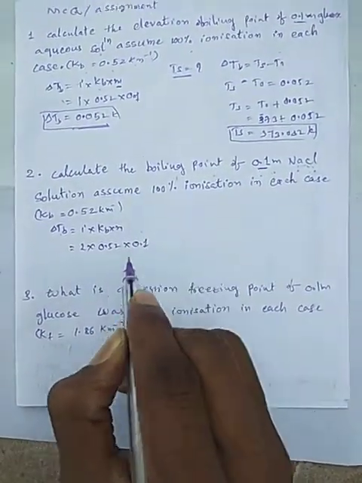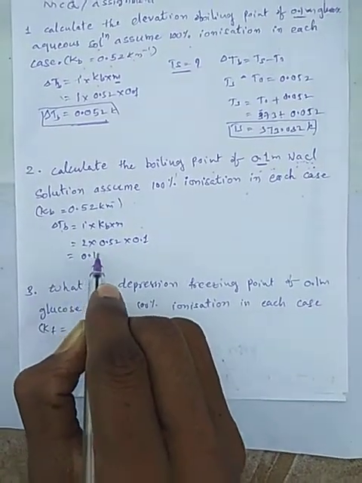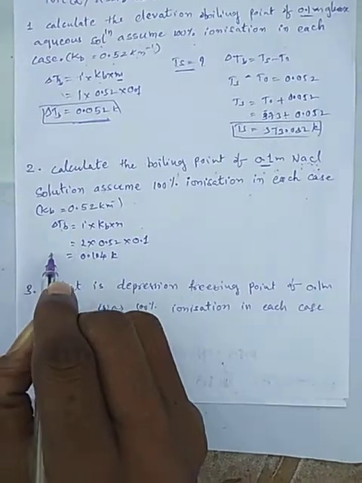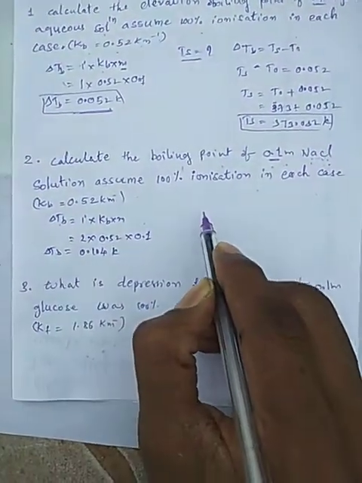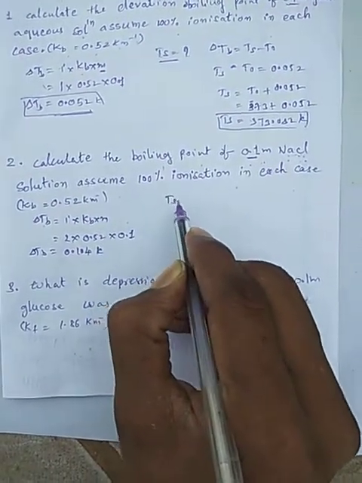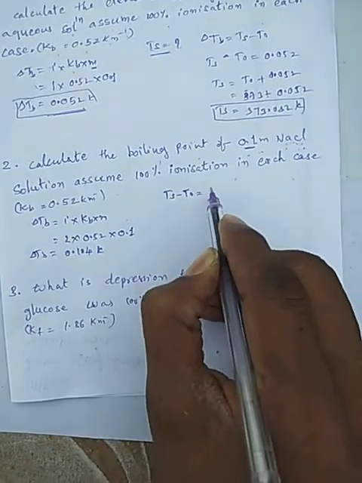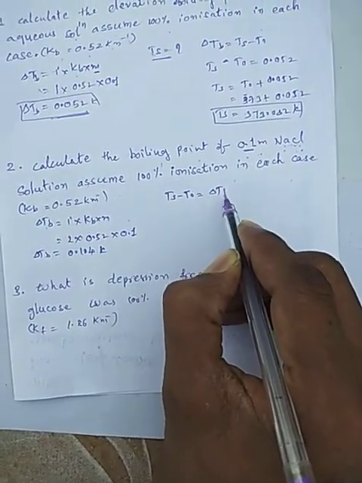By multiplying it will become 0.104, that is the delta Tb. But what we need to find, that is Ts minus T0 is equal to delta Tb.